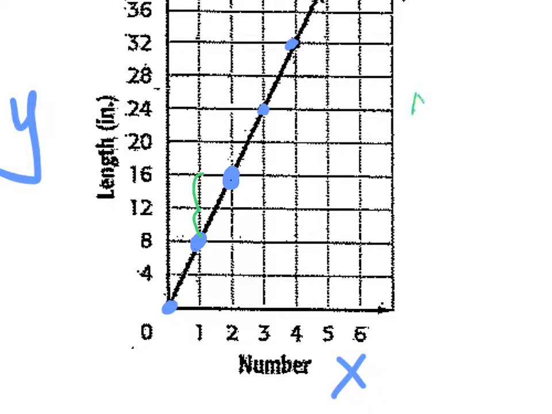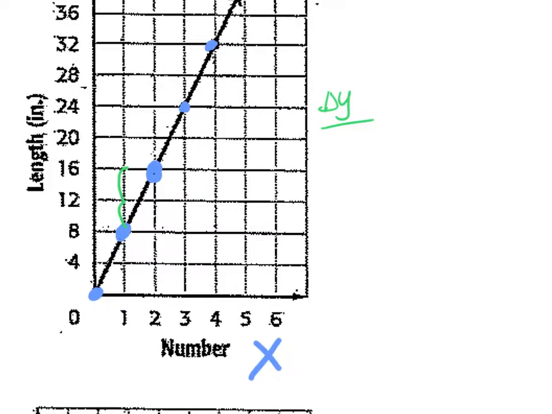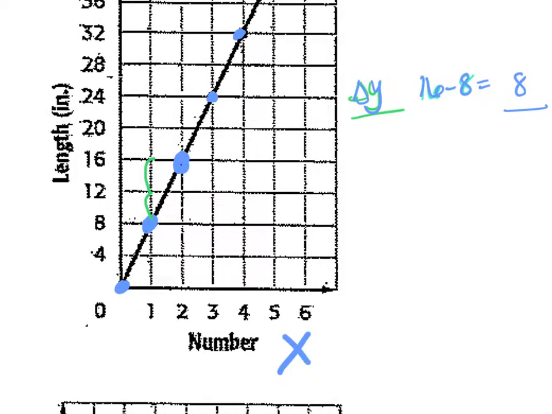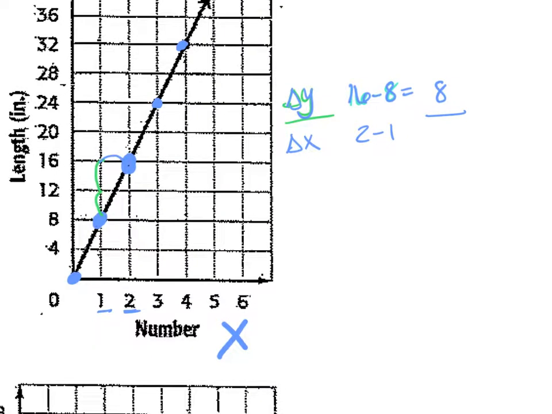My change in y, I went from 8 to 16. So what is 16 minus 8? 8. So my change in y is 8. And then my change in x, I went from 1 to 2. So 2 minus 1 is 1.